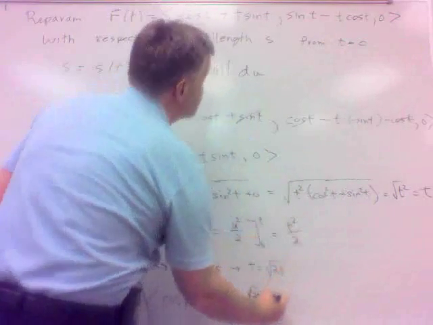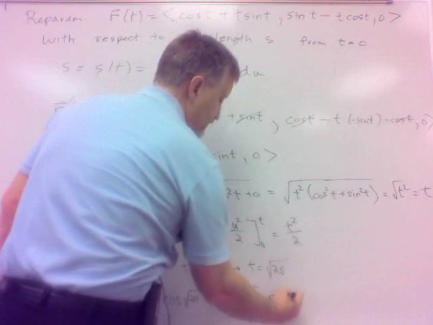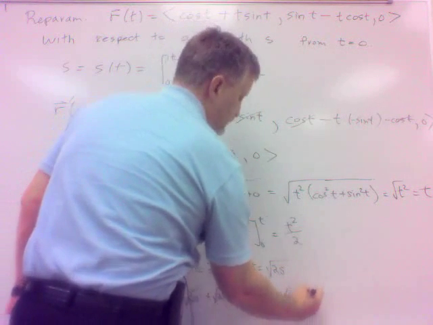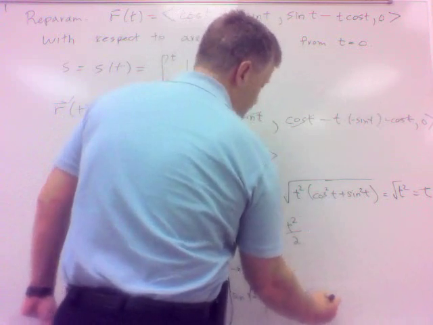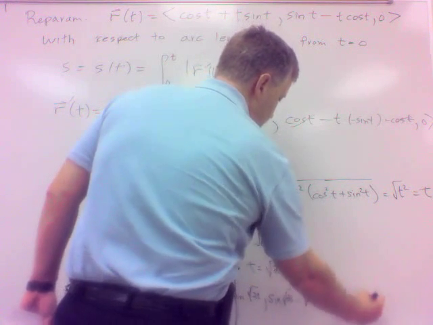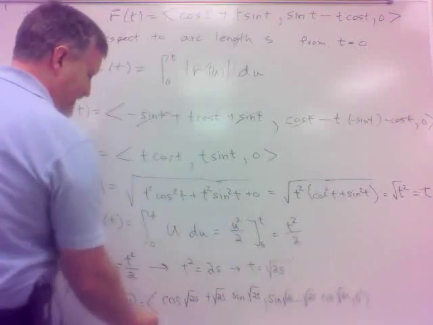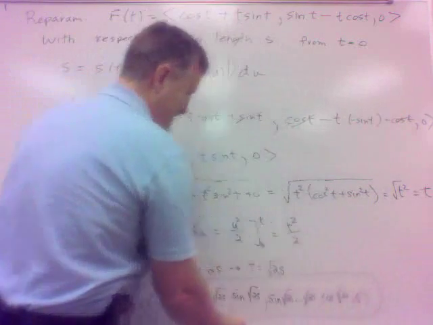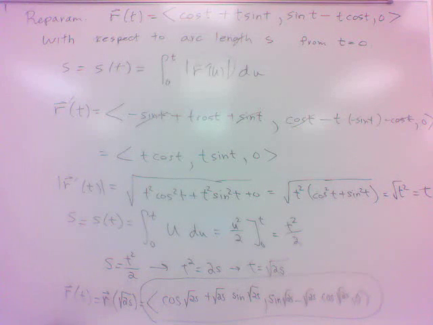For j, it would be sine of the square root of 2s minus the square root of 2s times cosine of the square root of 2s, and then 0. Not quite as elegant, I guess, but nonetheless, that's what it is.